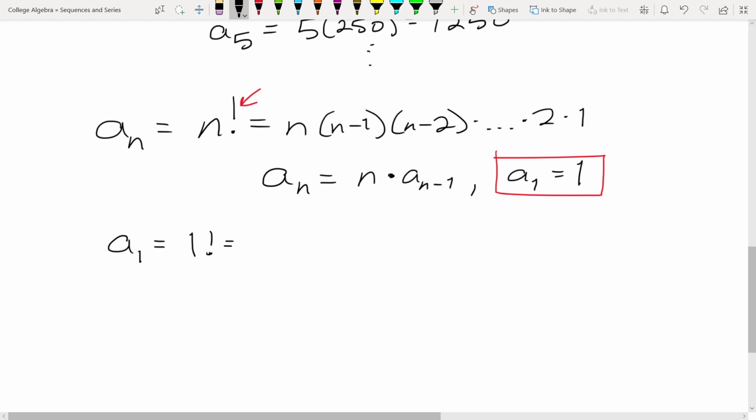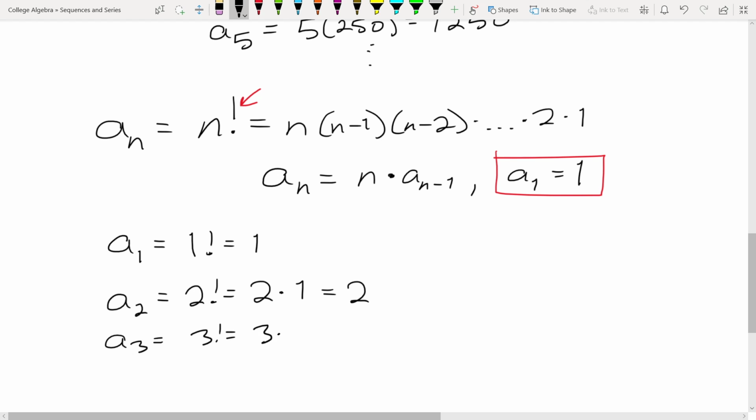I guess I can write that here. a2 is when it gets a little bit more interesting, and that is 2 factorial, which is 2 times 1, which is 2. a3 is 3 factorial, which is 3 times 2 times 1, which equals 6.